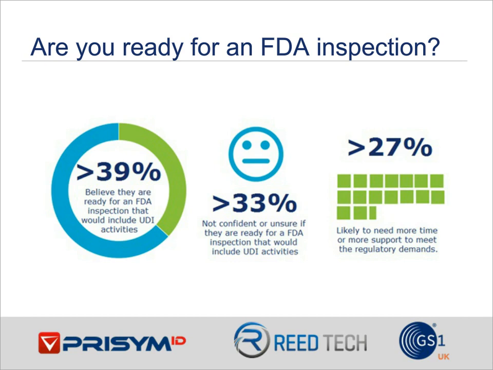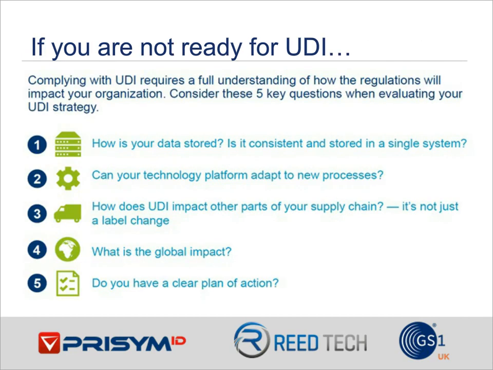Yeah, so that's a great segue into the next area. We thought we'd offer some thoughts on that. When you're complying with this FDA requirement, and if you're not ready for the UDI, what are some of the things that you should consider? Ask yourself any of these 5 questions. I'll run through them fairly quickly. How is your data stored, and is it consistent and stored in a single system?